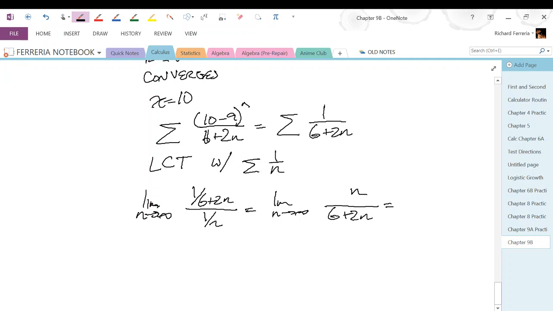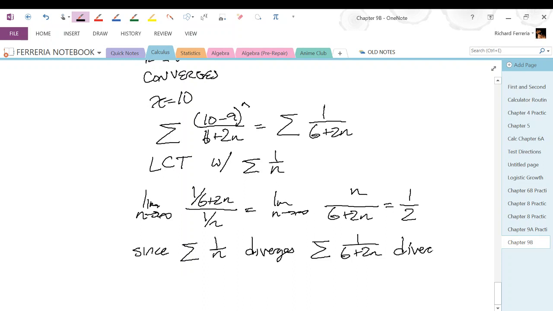After all the limits we've done, that's 1/2. So LCT says since this series 1 over n diverges, then this series 1 over 6 plus 2n also diverges. If you get a negative number, you can't use this test, right?